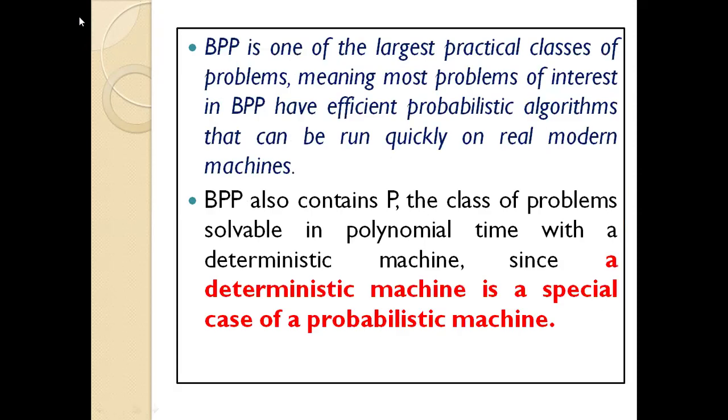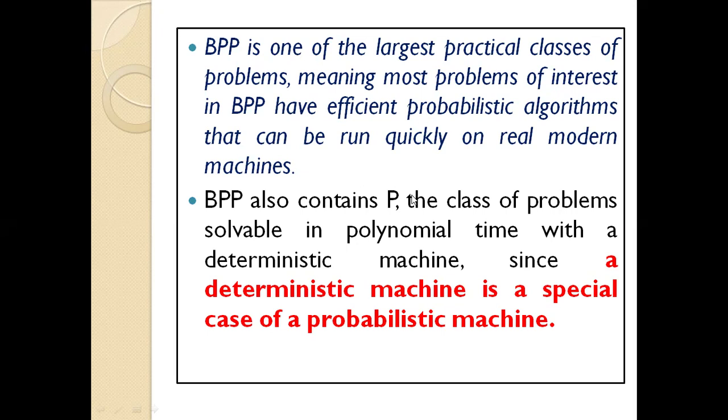Now, BPP is one of the practical target classes of problems, meaning most problems of interest in BPP have efficient probabilistic algorithms that can be run quickly on real modern machines.